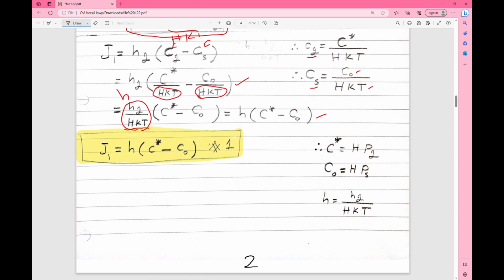Now we will have that the flux G1 is equal to h(C star minus C naught).